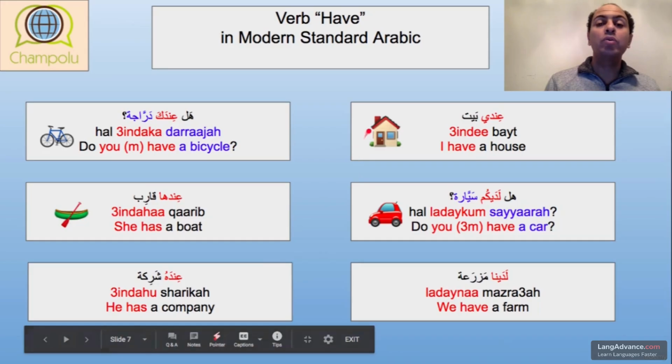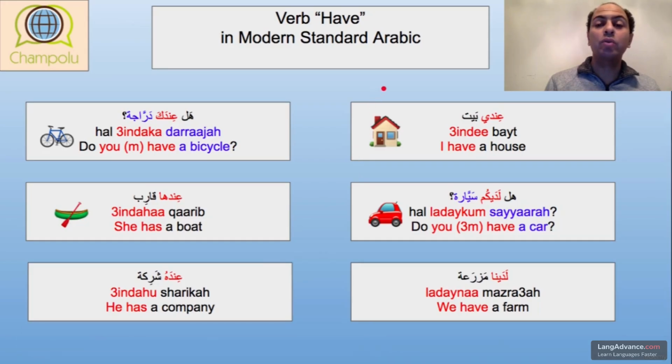We can also use the verb have to indicate ownership or owning certain property or things. Like عندي بيت, I have a house. هل عندك دراجة, do you have a bicycle? Addressing a singular male. هل لديكم سيارة, do you have a car?